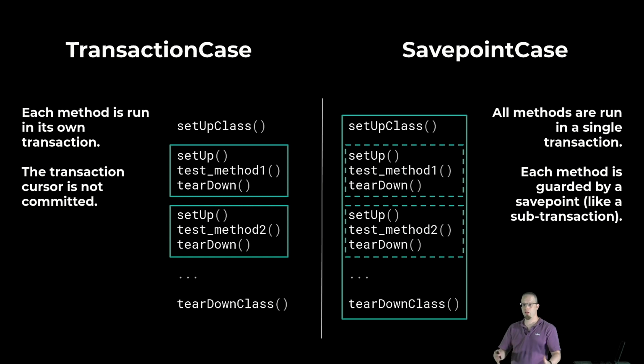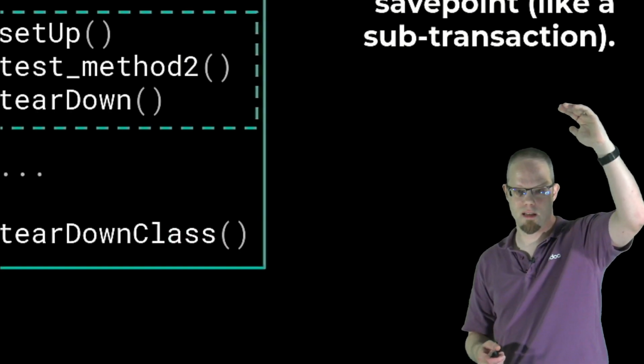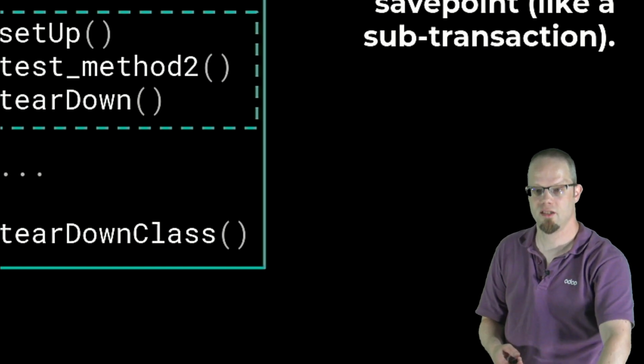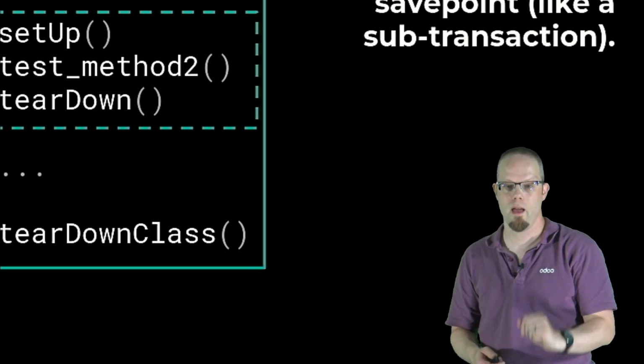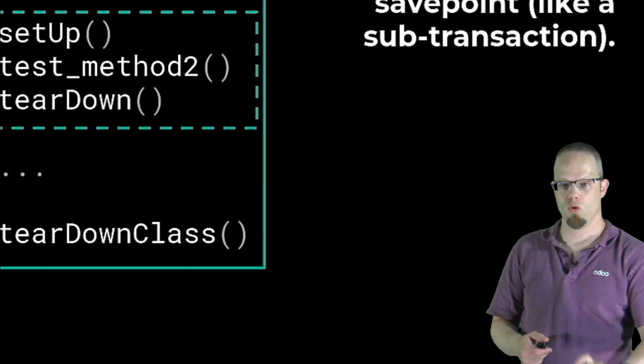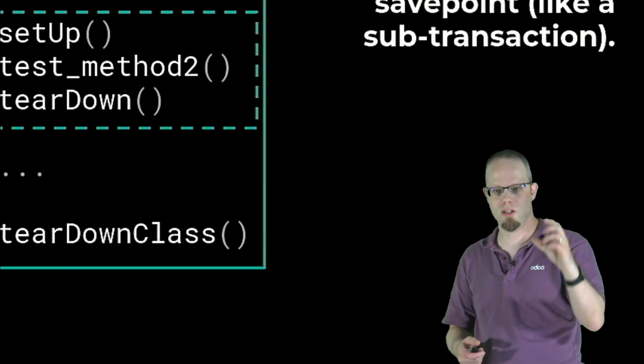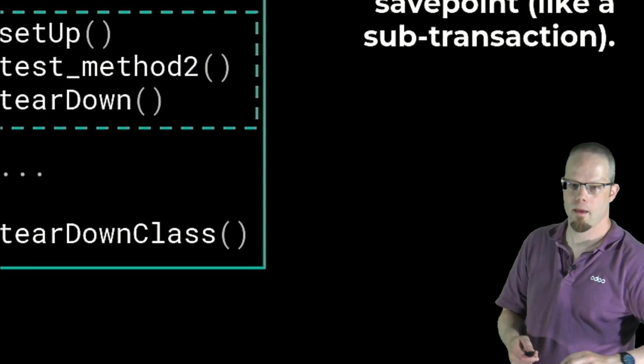If you want to factor out this setup, you can use the SavepointCase instead. The idea is that instead of putting the whole setup in the setUp method, you use the setUpClass method. It's executed once per class and not once per method. The idea of the SavepointCase is that the whole execution of the test is done in a single transaction, and for each test method, we make something like a sub-transaction by using savepoints.